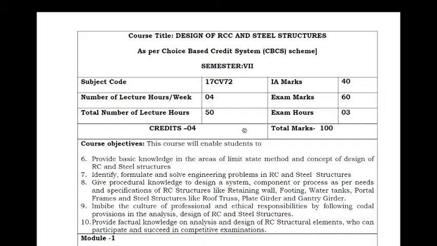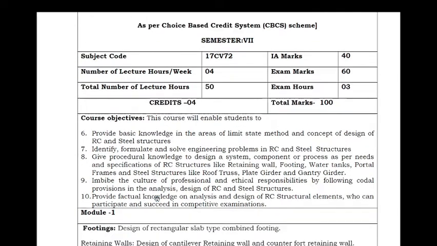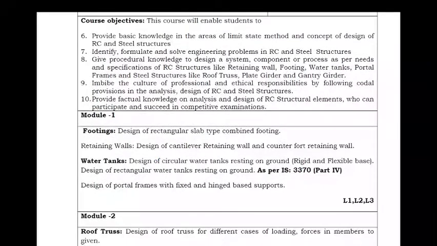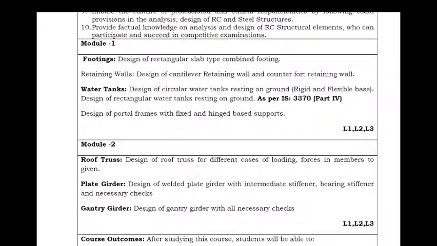Now, in this semester, we have planned that we will be having 3 internal assessment tests and 3 assignments covering all the COs, that is course outcomes. So, this is the course objective, the objective of the course. You can just go through it. Now, this subject is divided into 2 modules.